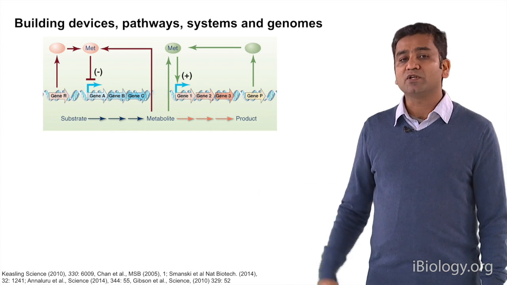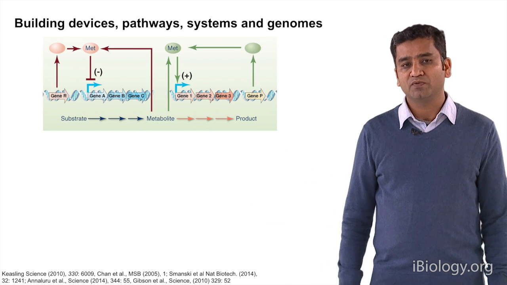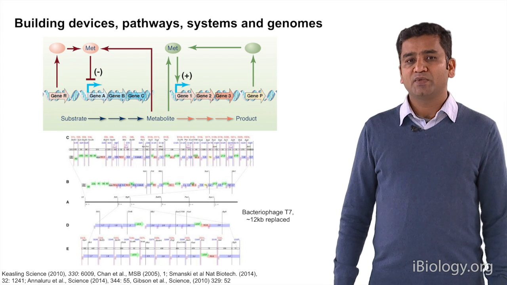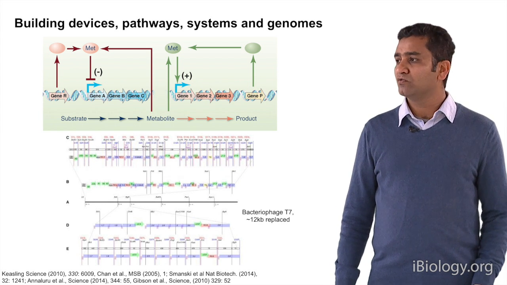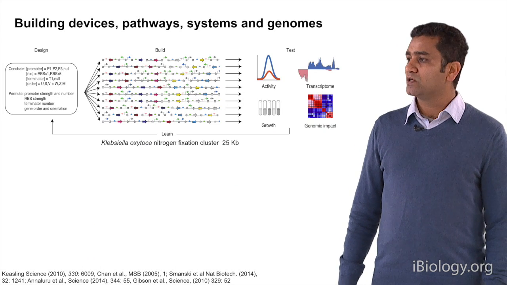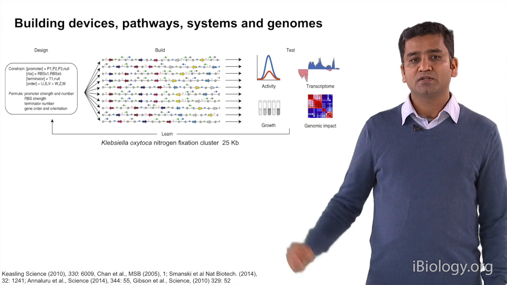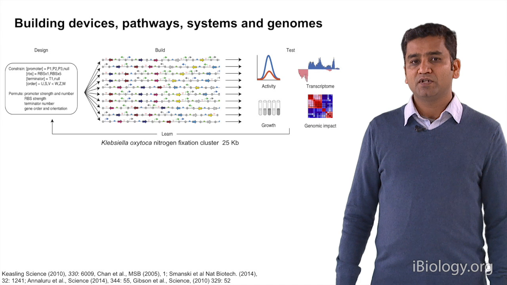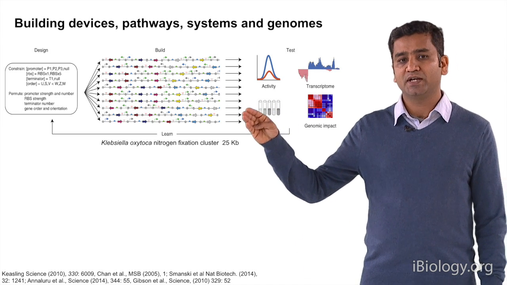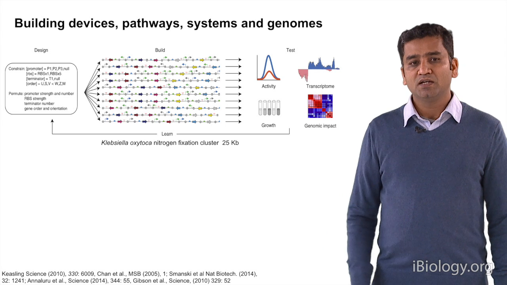It represses the upstream pathway and activates the downstream pathway, thereby reducing the toxicity. Also, in Drew Endy's lab, they have refactored bacteriophage T7, with 12 kb replaced with the engineered one. From Chris Voigt's lab, there is a whole refactoring of a nitrogenase cluster where they have developed more than 500 gene clusters going through design, build, test, and learn cycles.